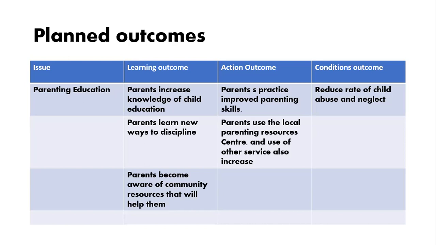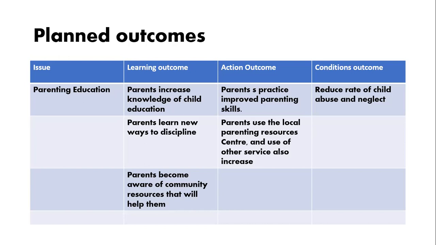When you talk about planned outcomes, there are three types: one is the learning outcome, one is the action outcome, and the third is the condition outcome. As an example, the learning outcome concentrates on knowledge, attitude, skill, or aspiration.